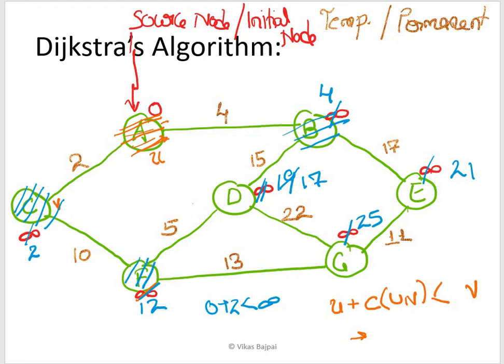Now I am left with 17, 21 and 25. From 17, I cannot update B or F. 17 plus 22 is 39, which of course is greater than 25, so this gets covered.